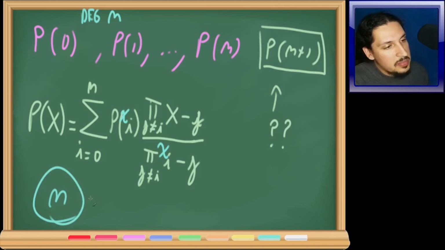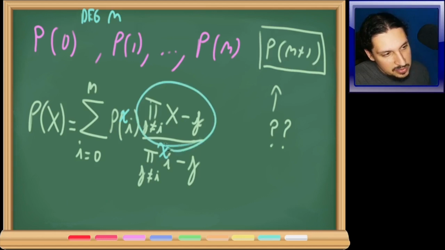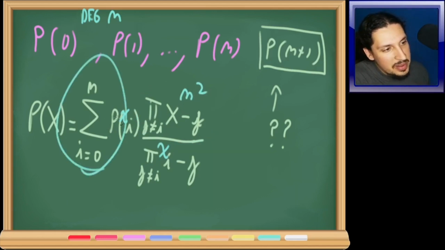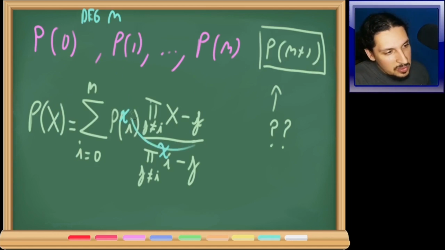So maybe you say that it's very expensive, because I have to do a lot of these. Each of these, if I multiply it from scratch, is n squared, and I have n, so it's n cubed. But all of these are almost the same if you check, because they multiply all the x minus x sub j.